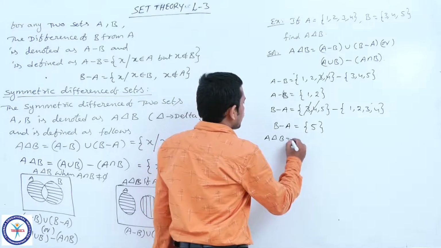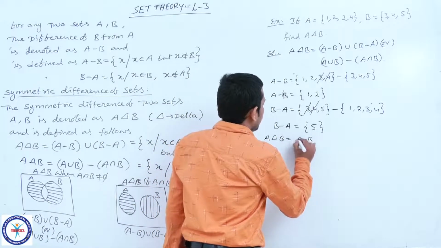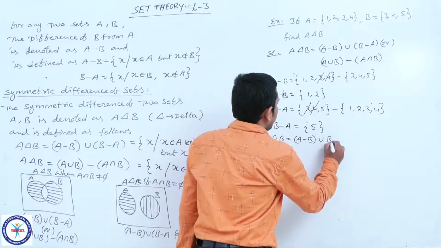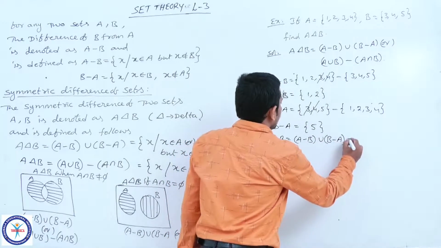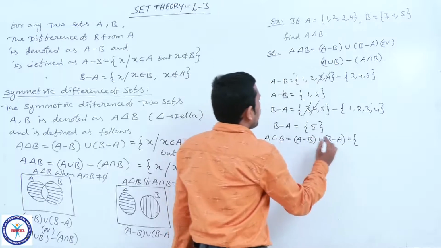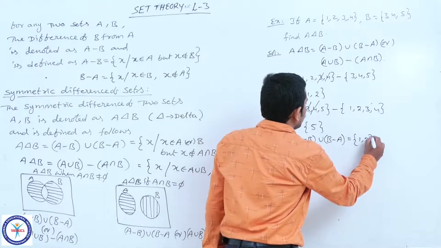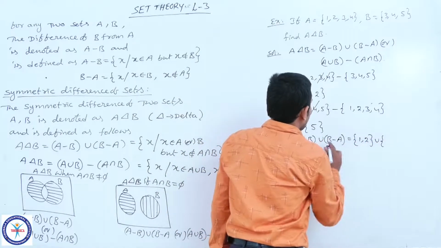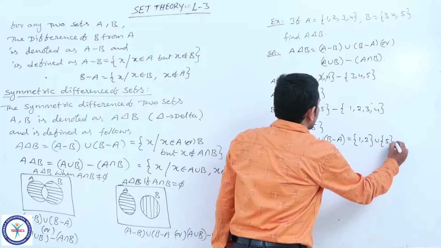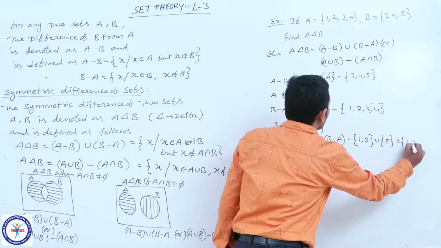Now what is A delta B? A delta B is equal to A minus B union B minus A. This is equal to A minus B {1, 2} union B minus A {5}. This is equal to the set {1, 2, 5}.